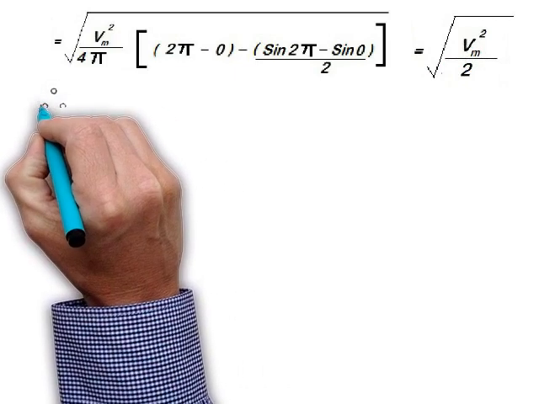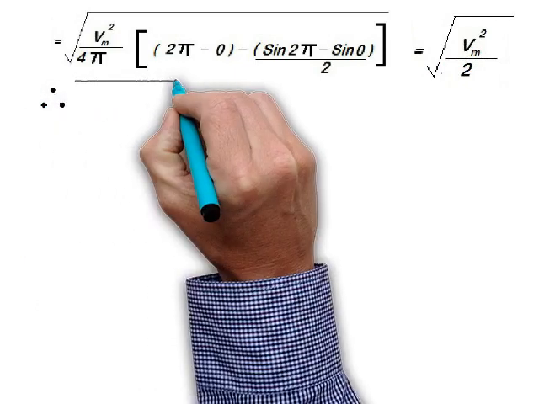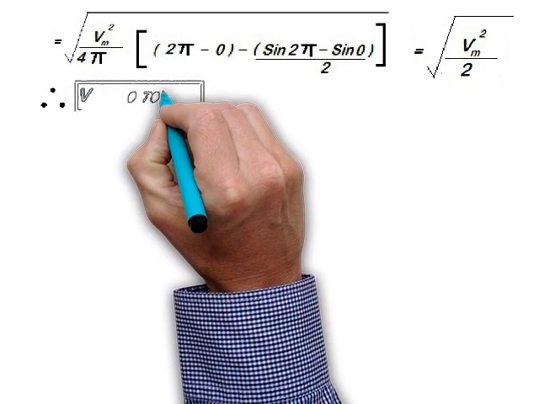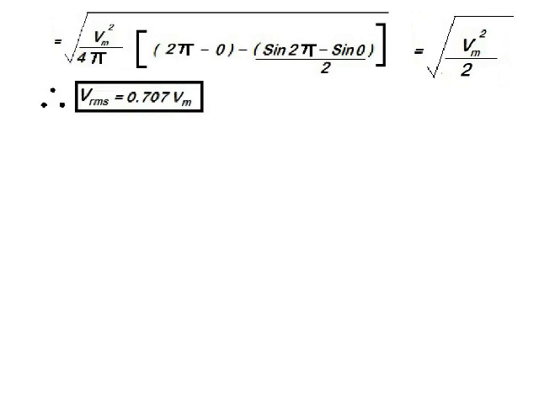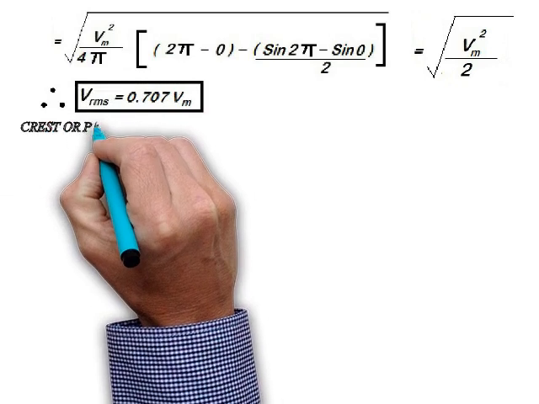So 1 by root 2, the value is 0.707. So the RMS value is 0.707 Vm.